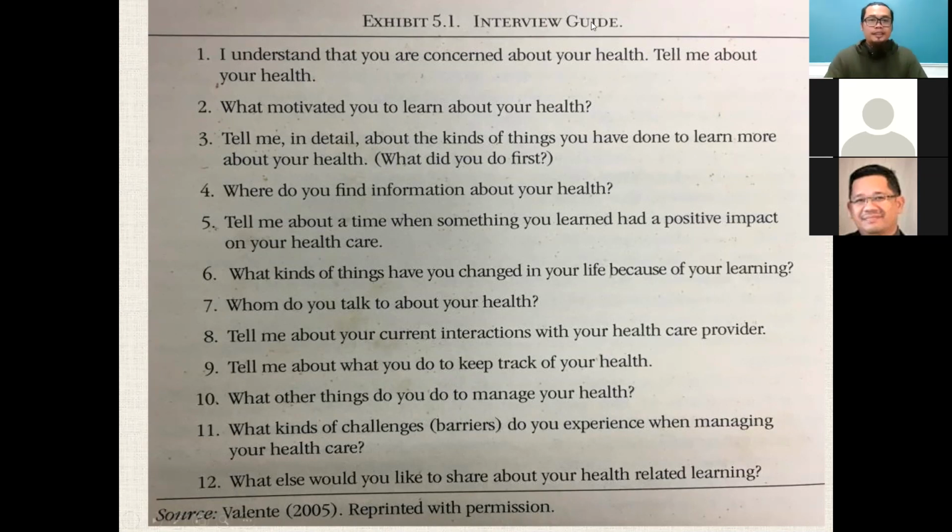Okay, any questions on these two topics? So we go straight to focus clearly on these two topics. I think this is the most critical part. For quantitative, you should know about hypothesis testing.